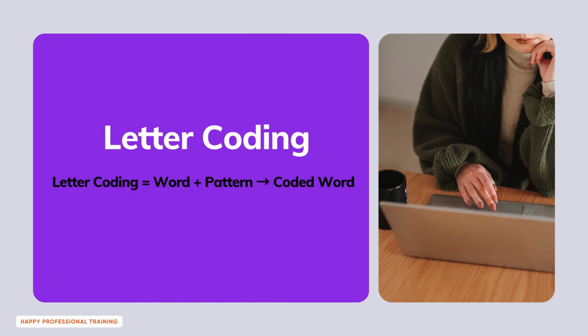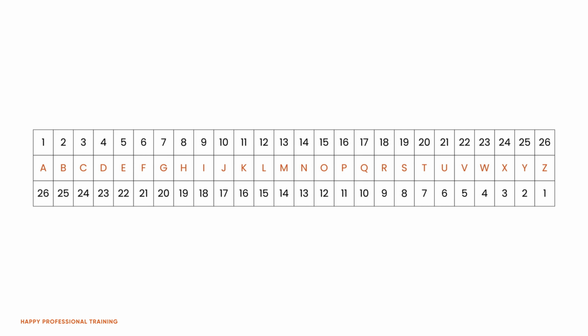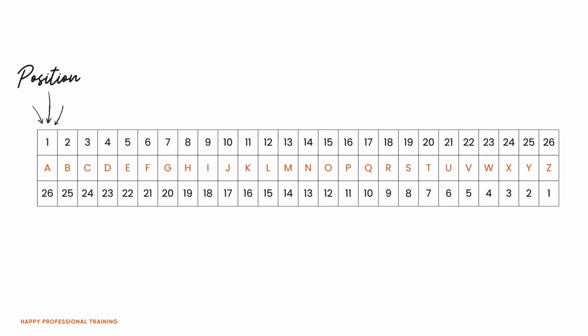Today's practice set is focused on letter coding. Letter coding is where words are written in a coded form by applying a specific pattern or a rule. We need to identify the pattern and apply it to another word. Before solving these type of questions, I recommend you to first write this number letter table on the rough sheet provided. To code a letter, we replace each letter with its position in the alphabet.